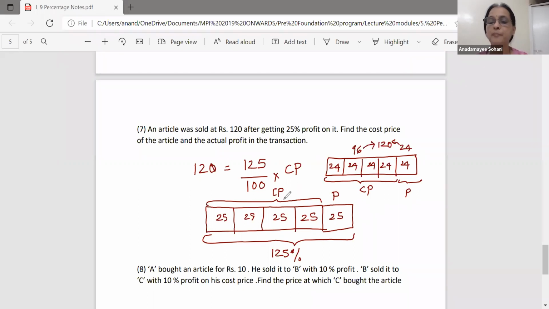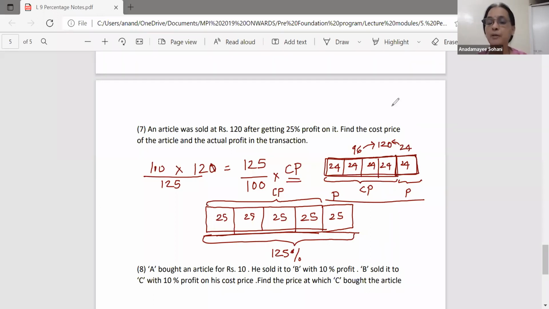So if you learn this method, my sale price is 125% of my cost price. In one moment, I will get the cost price as 120 into 100 upon 125. Or I draw a 5 compartment train, because for 25% I need a 5 compartment train of my sale price. Out of that, 4 compartments will be cost price and 1 compartment will be profit.